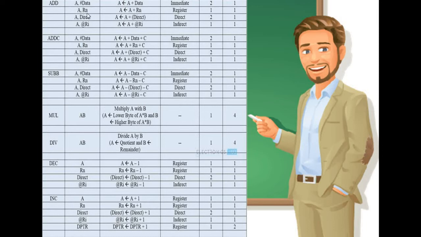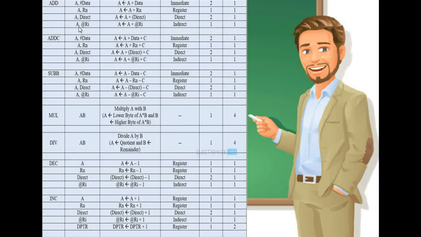Here ADD A, Rn. Here Rn means a register. That means the contents of the register are added to the accumulator, and it is 1 byte and uses 1 clock cycle. ADD A, direct. Here it is the direct addressing mode, therefore the accumulator is added with the contents of the direct address, and the result is stored in the accumulator.